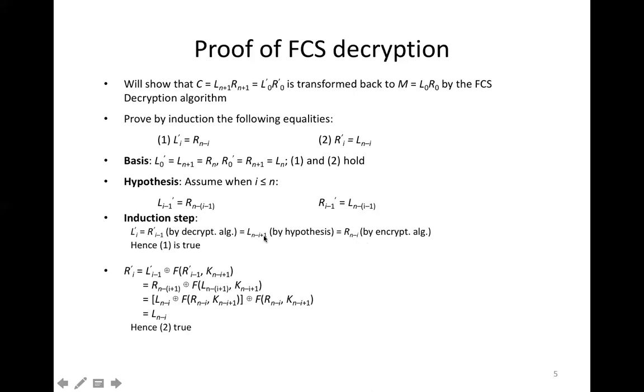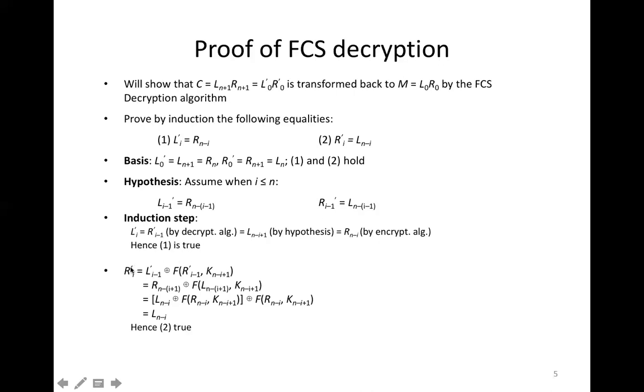And then by the encryption algorithm, this L sub n minus i plus 1 is equal to the right-hand side of the previous round. So this is R sub n minus i. So the induction hypothesis proves this is true. So 1 is true.